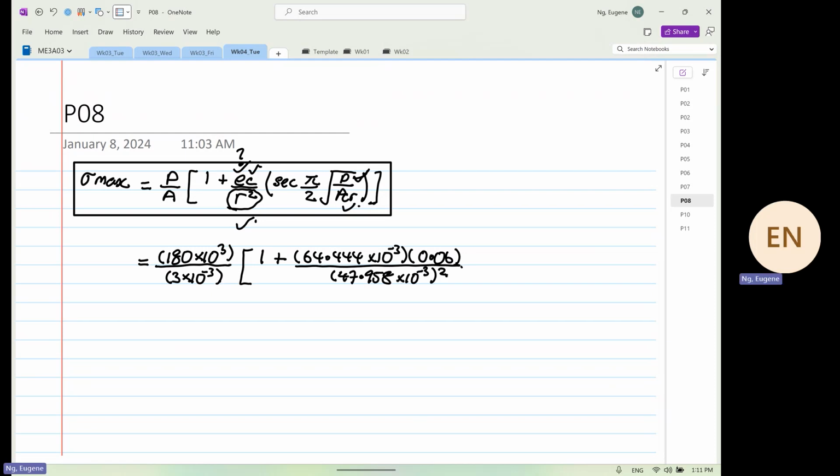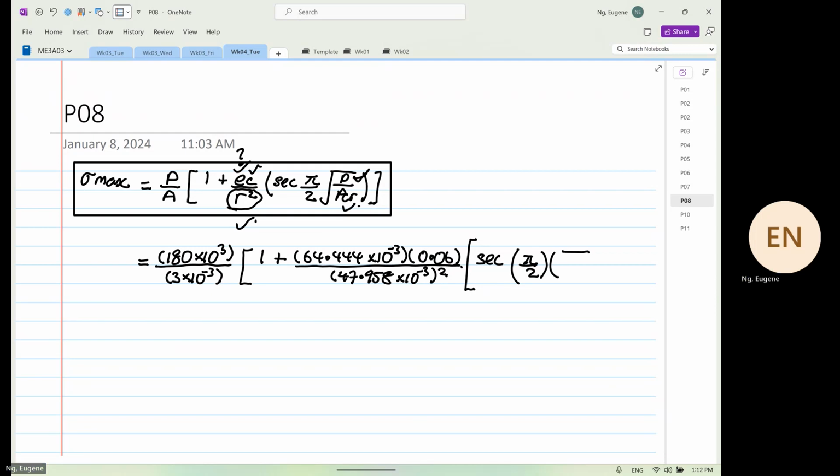The whole thing squared. Then the whole thing again goes through a bracket. Then we have secant, and then secant we have pi over 2 multiplied by, all these are together, yeah?